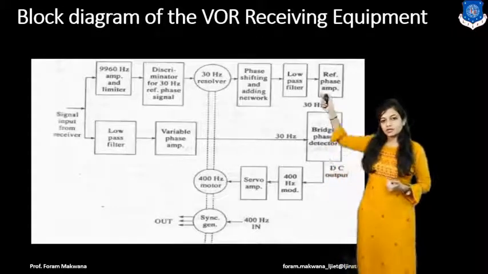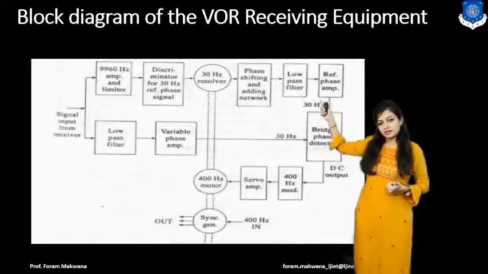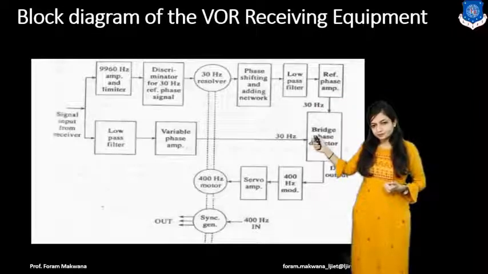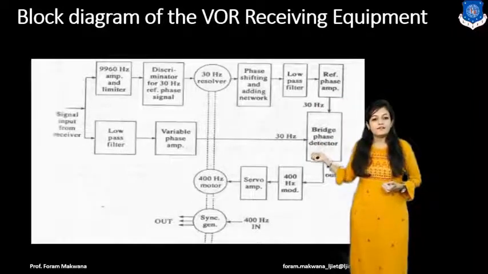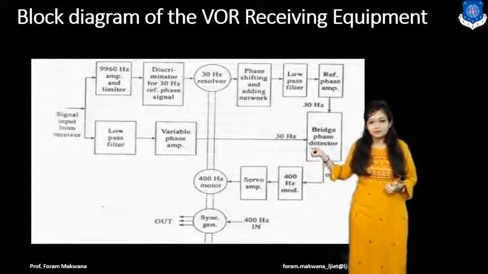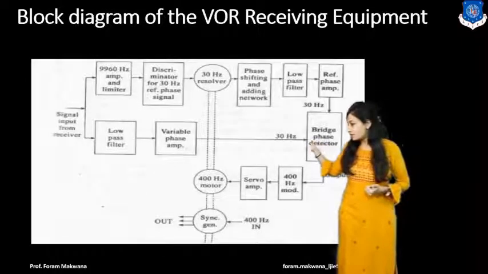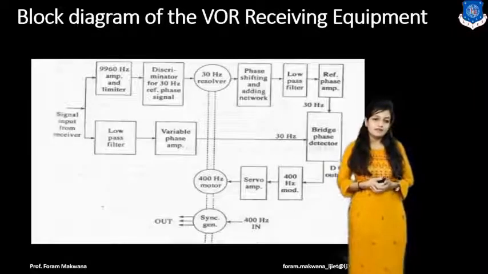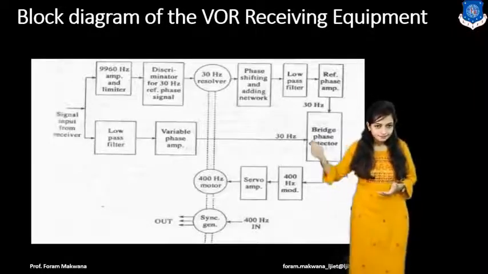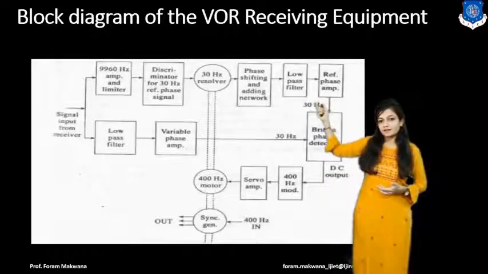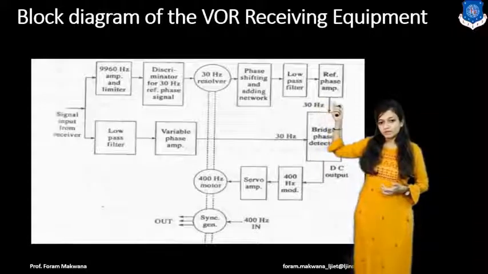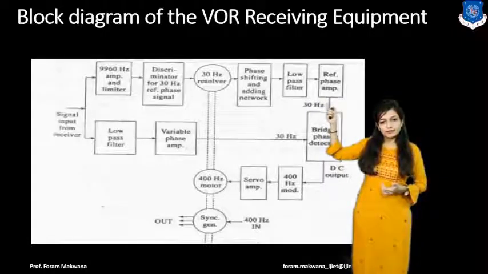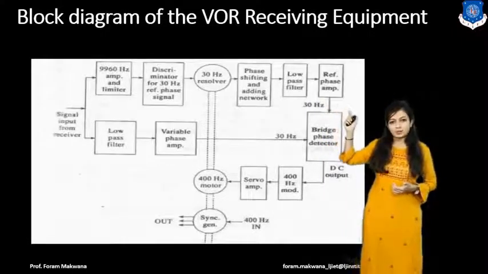Alright? So over here the fixed 30 Hz is there, and over here a variable phase amplifier. The signal coming from the low pass filter is applied to the variable phase amplifier. After the 30 Hz resolver, we apply that signal to the phase shifting and adding network.